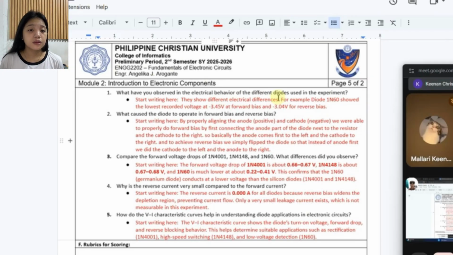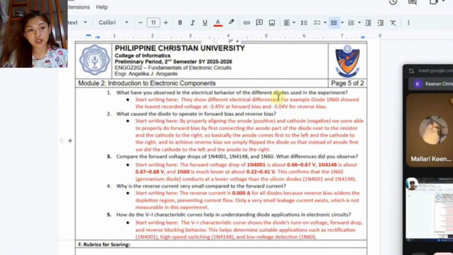Meanwhile, the 1N60 is a germanium diode, and a germanium diode naturally has a lower forward voltage drop. So the 1N60 conducts more easily even with a low applied voltage.